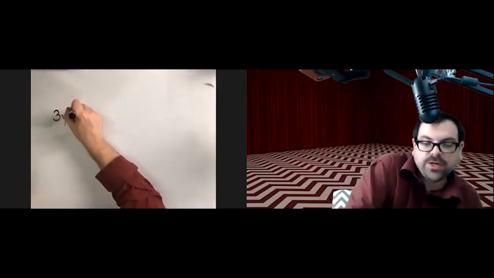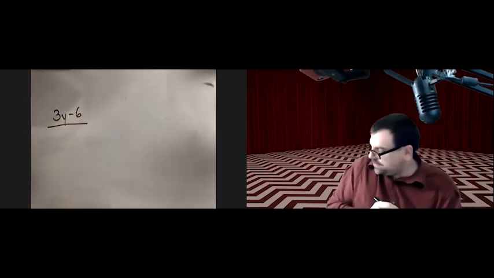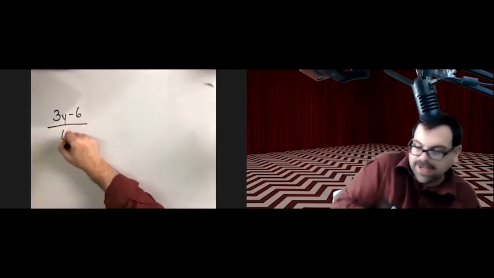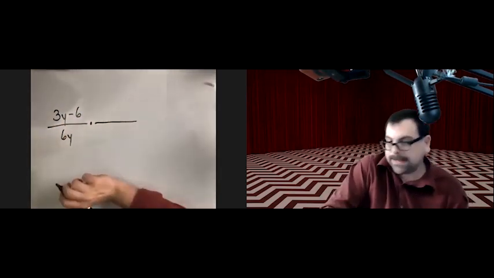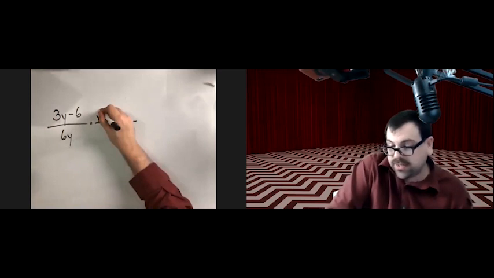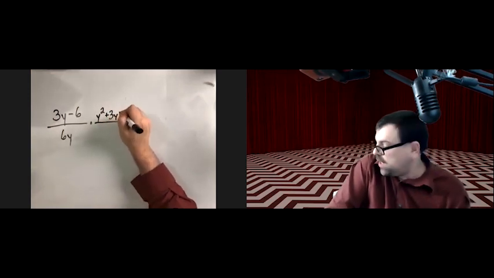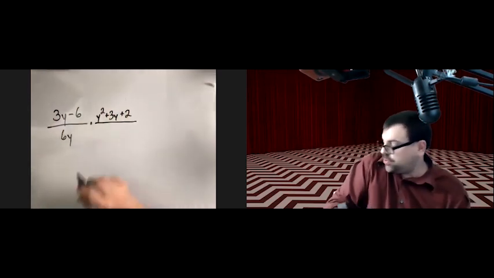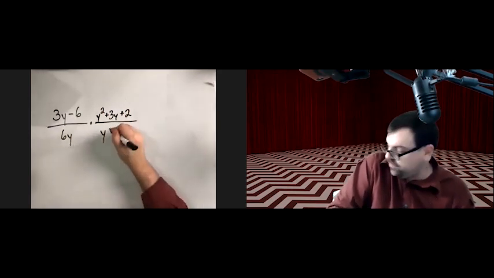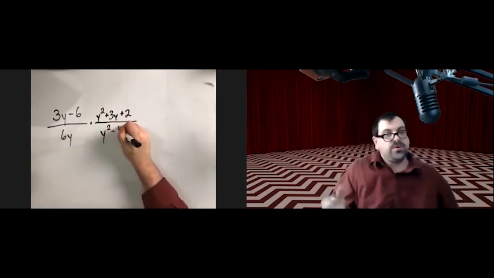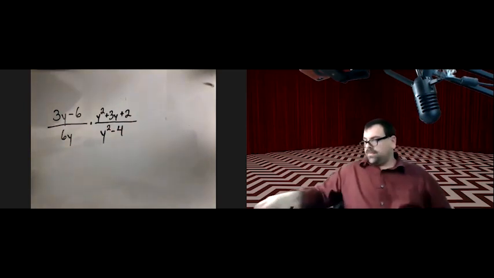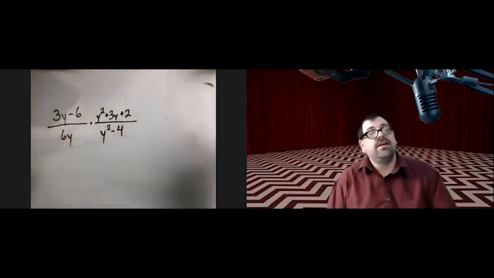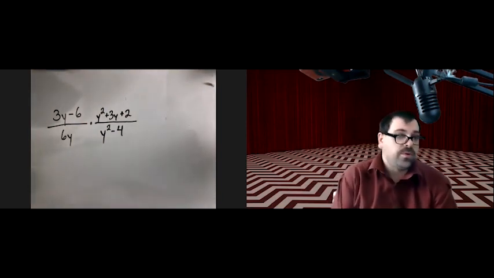Next, let's look at 3y minus 6 over 6y times y squared plus 3y plus 2 over y squared minus 4. So what we're doing every time doesn't change, but what will change every time is the level of factoring that'll be required of us.